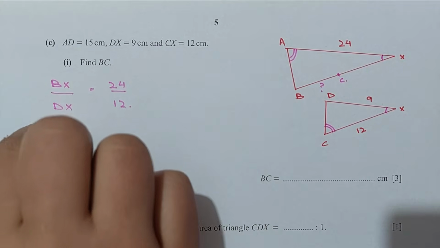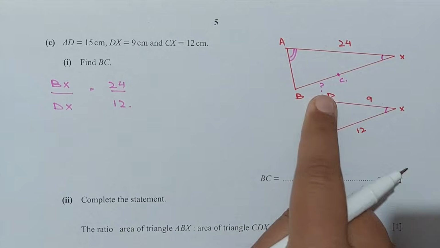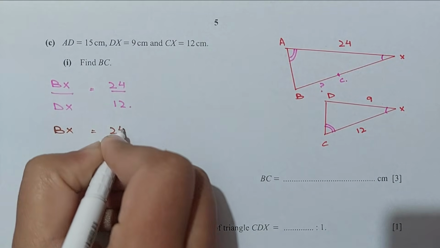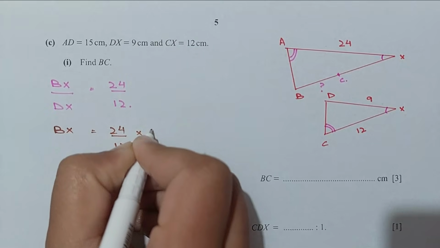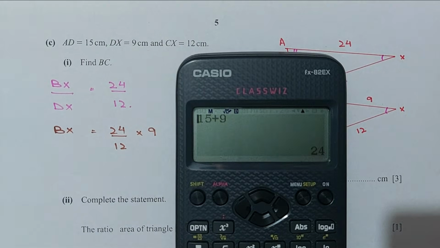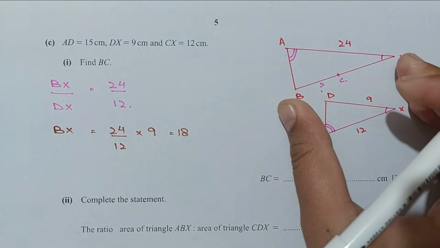Okay, so BX is missing, and we have D to X is 9. So BX is equal to 24 over 12 multiplied by 9. All right, let me simplify this. 24 over 12 multiplied by 9, that is 18.